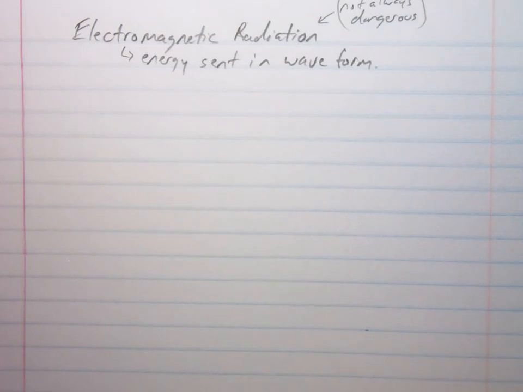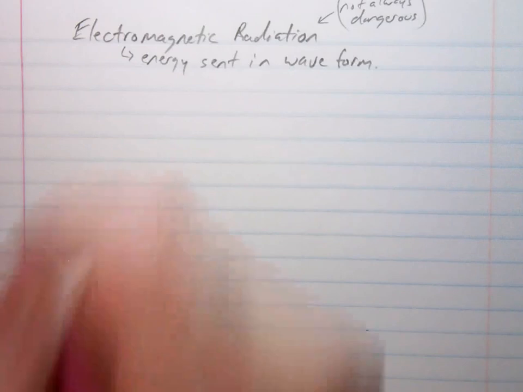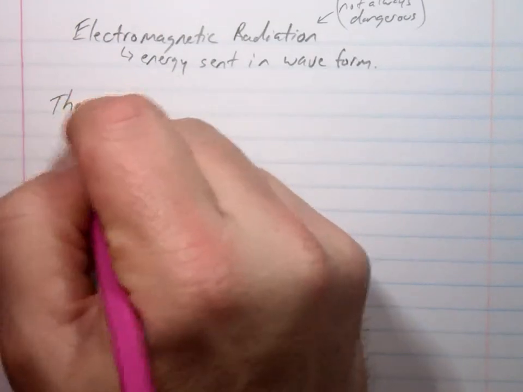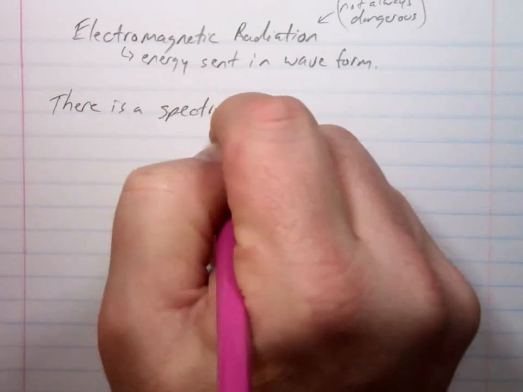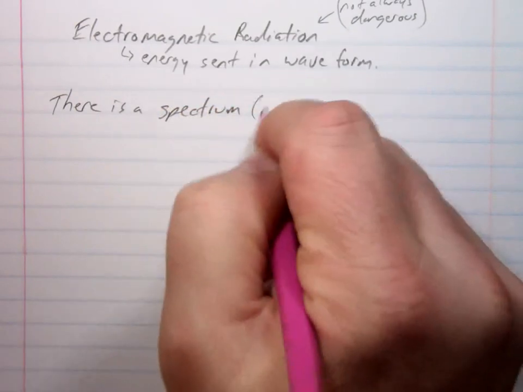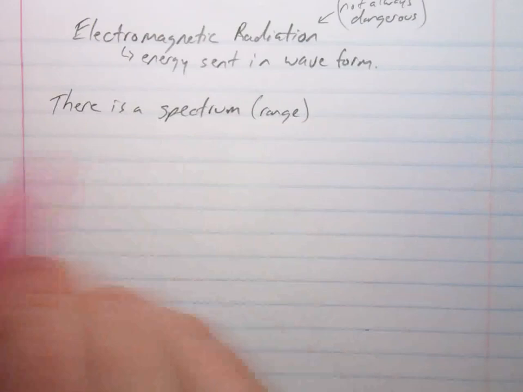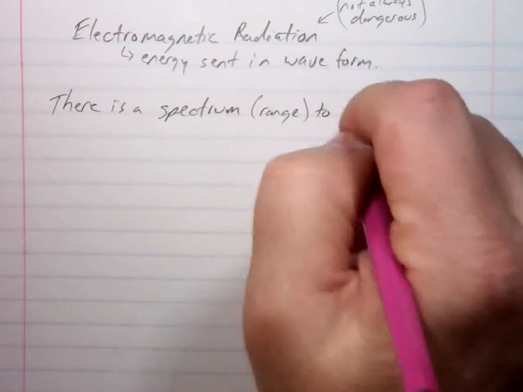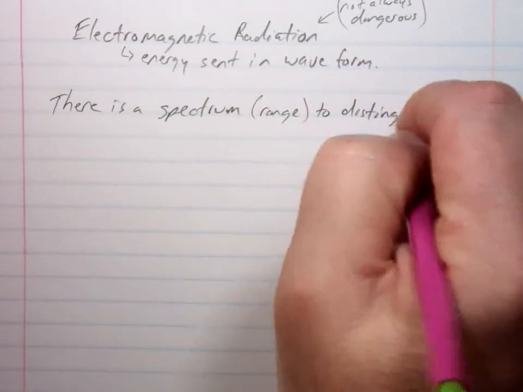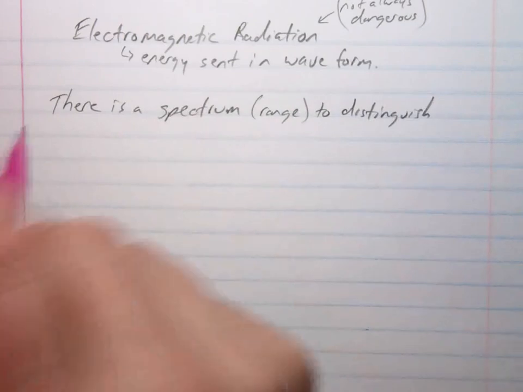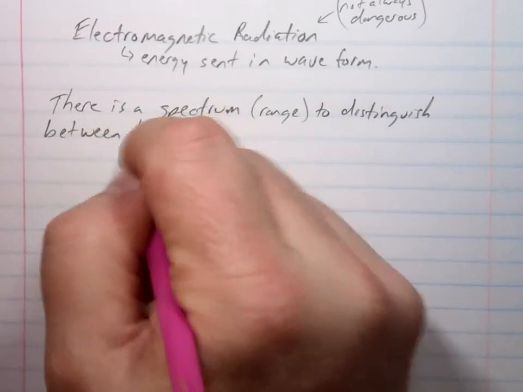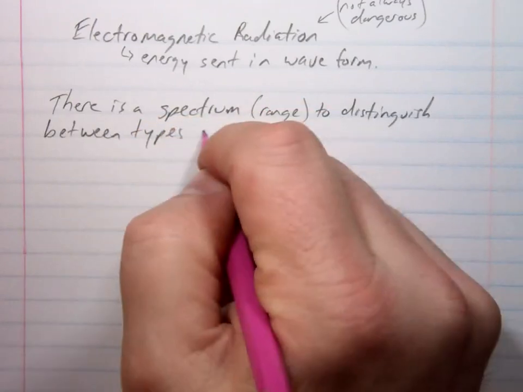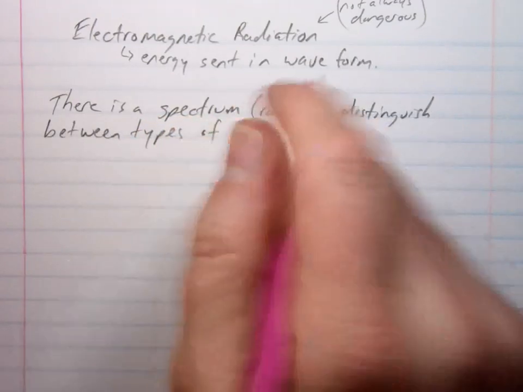All right. Foremost, I want to mention that there is a spectrum, which is really just a fancy word for range, to distinguish between types of electromagnetic radiation.